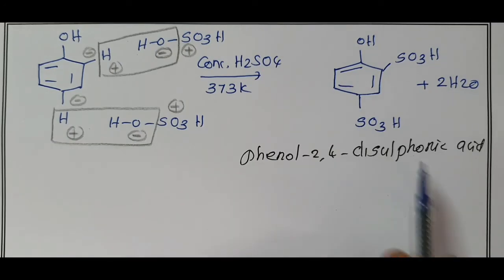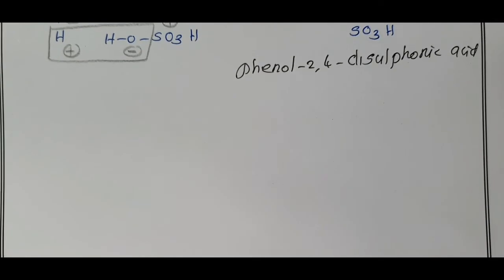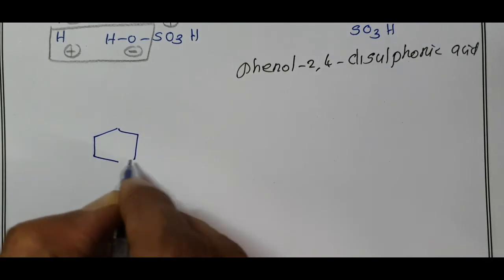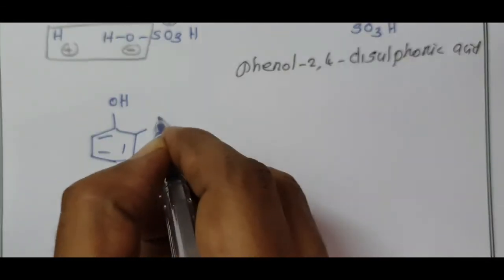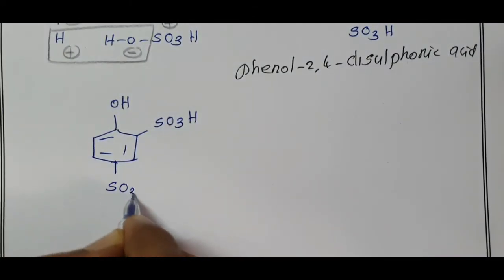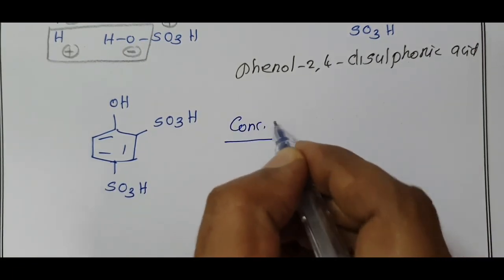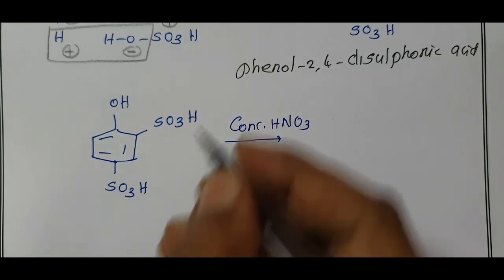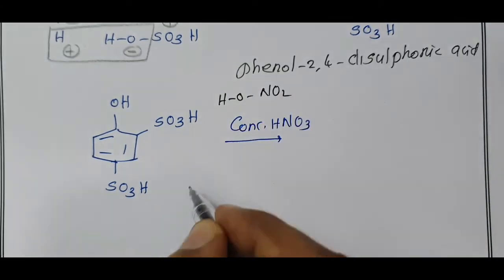Phenol 2,4-disulfonic acid, that compound, when treated again with concentrated nitric acid. Now I write C6H3OH, in ortho we have one SO3H, para SO3H. When treated with concentrated nitric acid, HNO3, which can also be written as HONO2.